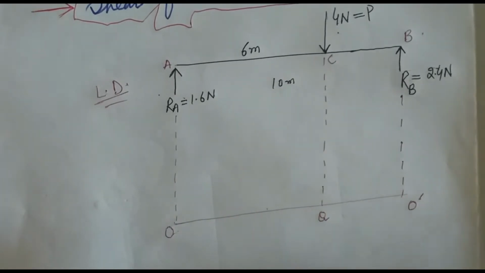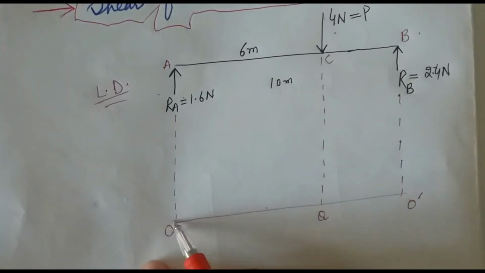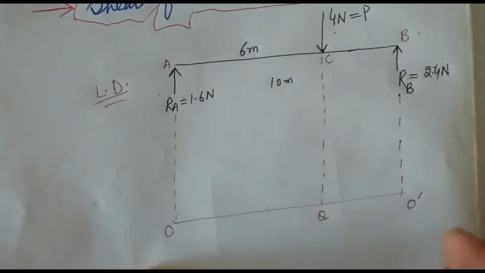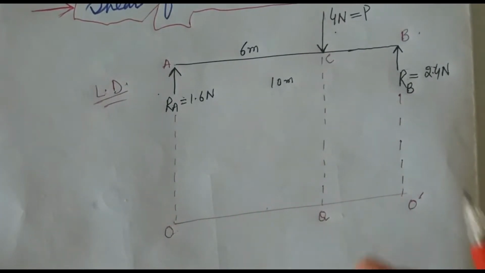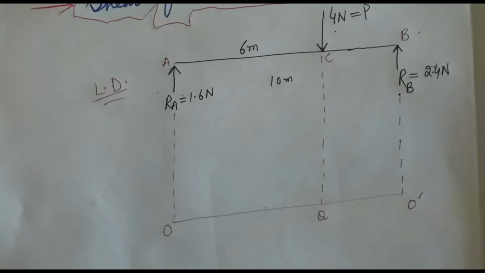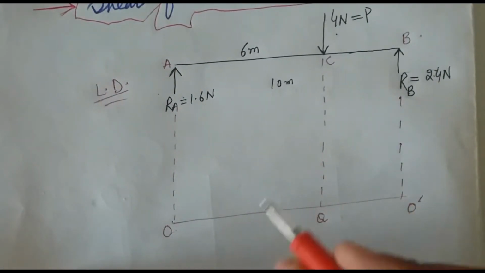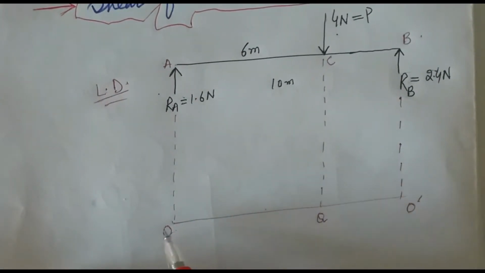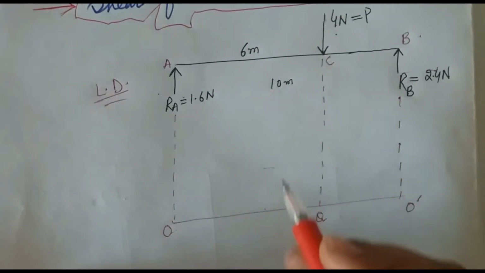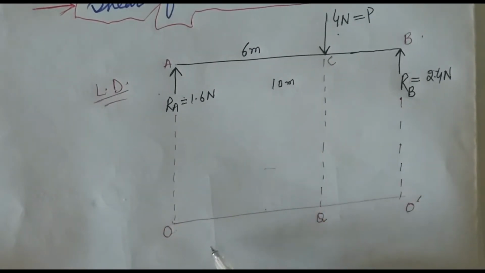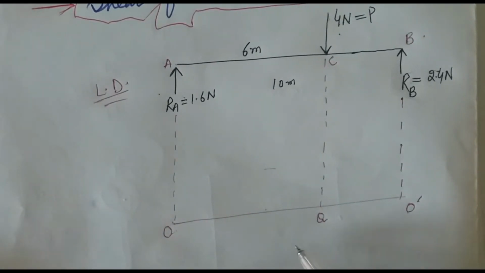Now the second thing you should remember is that the reference line is the boundary between two types of values: one is positive and the other is negative. The positive values will always be drawn above the reference line, and the negative values will be drawn below the reference line.